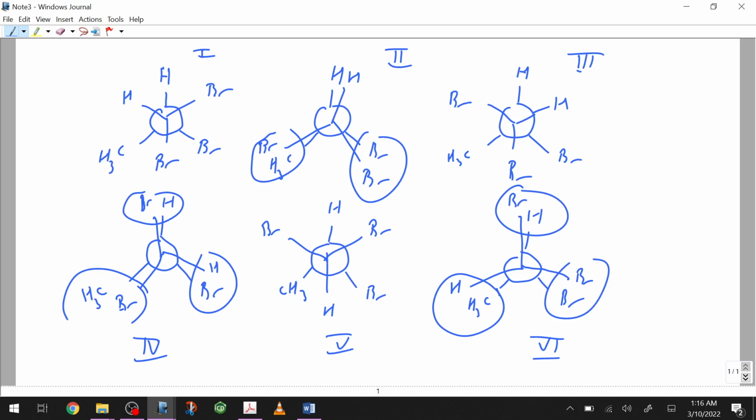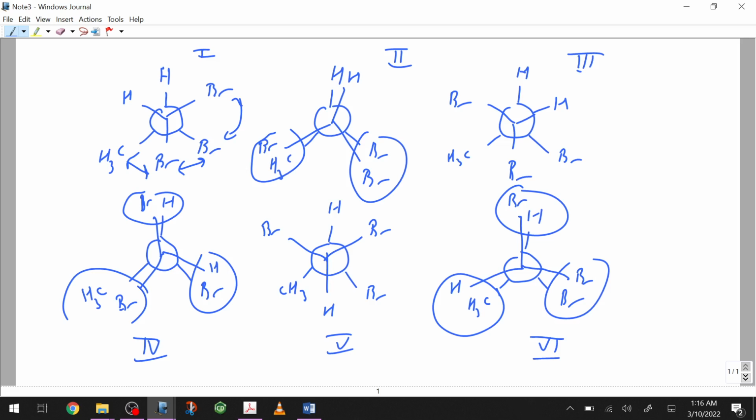Those are all going to be very much higher in energy than what we're going to deal with in any staggered conformation. So those are out in terms of being the stable one. So then with the staggered conformations, what I've labeled here is 1, 3, and 5. We're looking at groups that are not hydrogen that are gauche to each other, 60 degrees apart. So I have that relationship here, I have it here, and I have it here. So I've got a continuous set of 3 different gauche interactions for conformation 1.